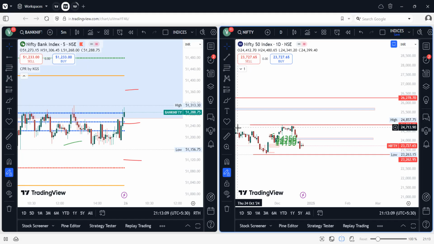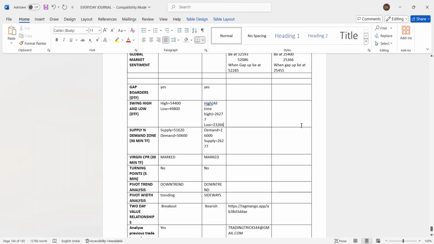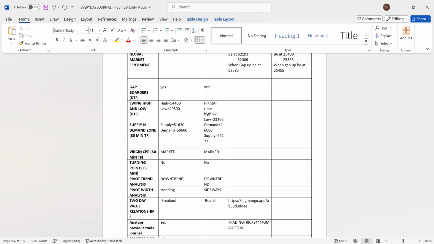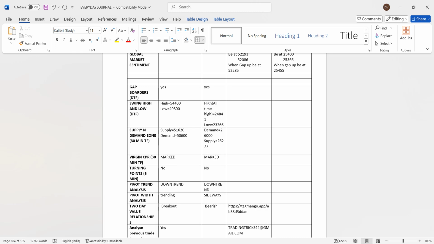Now go for swing high. What is the swing high? 24,841. Swing high 24,841. So this is the swing high, swing low.